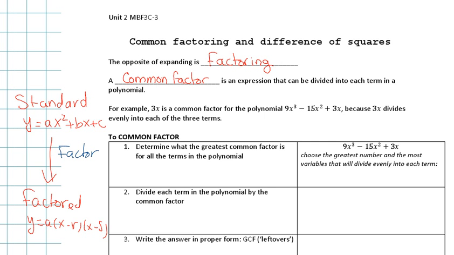So you always divide by the letter x, let's say in this case, but with the lowest exponent. Because this is x cubed, this is x squared, and this is only x, I'm going to be dividing each term by 3x. 3 because we've already determined that 9, 15, and 3 are divisible by 3, right? And then x is because every single term has the letter x in it.